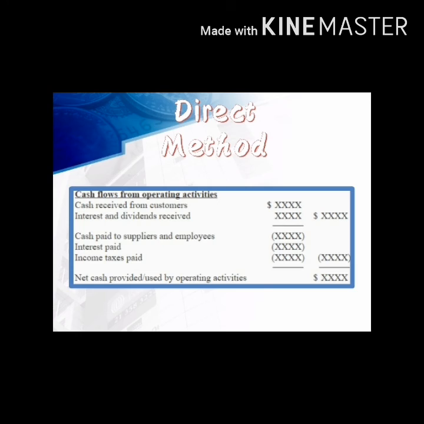To calculate cash receipts and payments in this format, we use some relevant data from the income statement, comparative balance sheet, and other additional information.